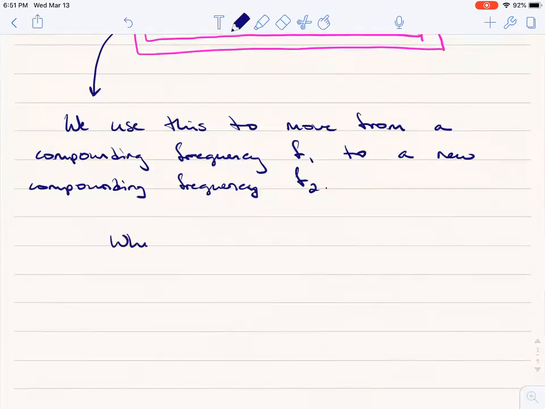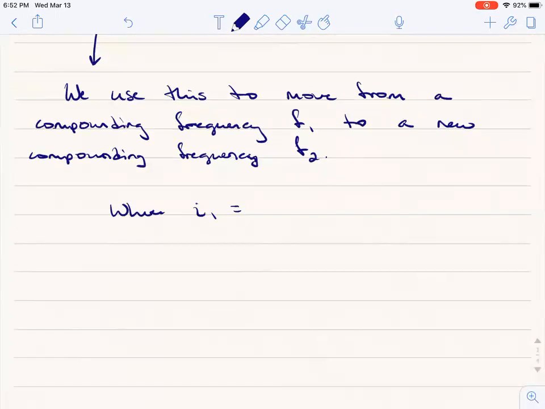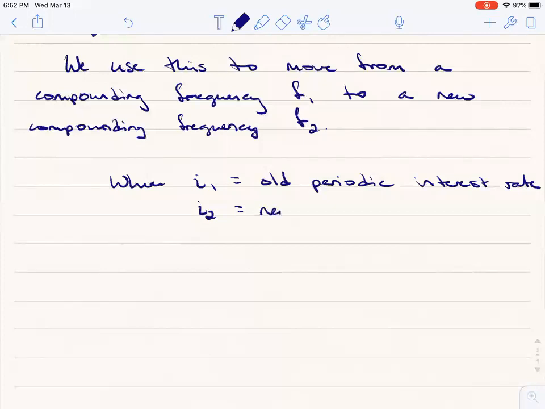Where I1 is the old periodic interest rate, and I2 is the new periodic interest rate, right, at the new compounding frequency. So this is the new periodic interest rate.